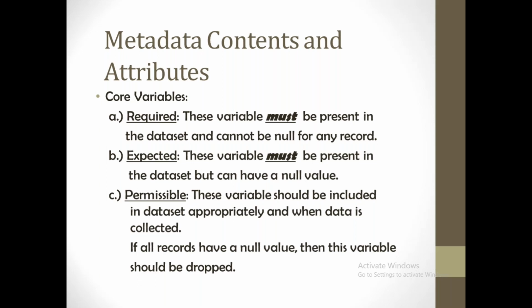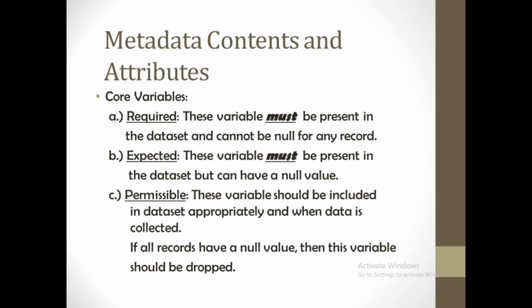Expected variables must be present in the data set but can have a null value. In both cases, these variables must be present. In the first case, it should not have missing values. In the second case, it can have missing values.